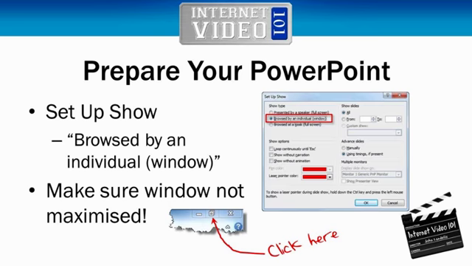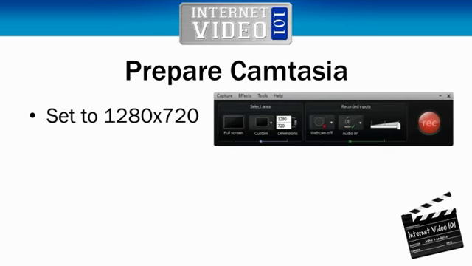The next thing we need to do, I'm assuming we're using Camtasia here, is set up Camtasia. We need to set it to 1280 by 720. If you remember from one of the initial sessions that we covered, 1280 by 720 is high definition, and this is perfect for marketing purposes.